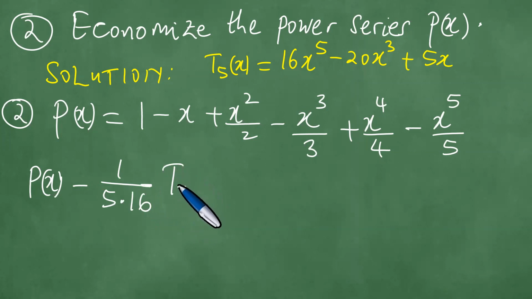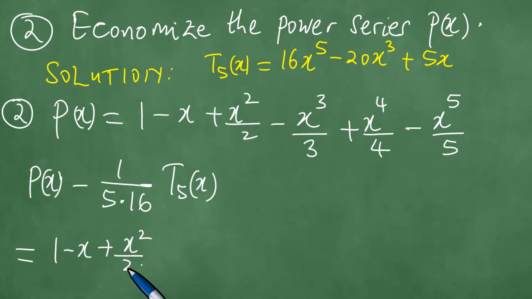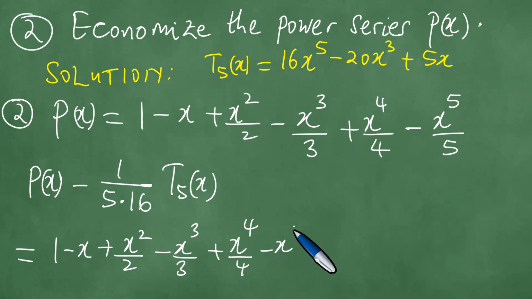So T5. Right, so we multiply this one by the 1 over 5 like that. So what does it become? The P of x is 1 minus x, and then you have x squared out of 2, and then x cubed out of 3, and then that is P of x. And then you have x to the 4th power out of 4, and then x to the 5th power out of 5.